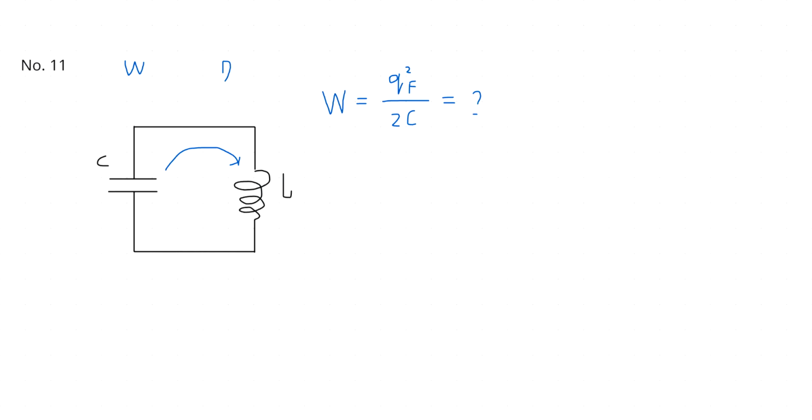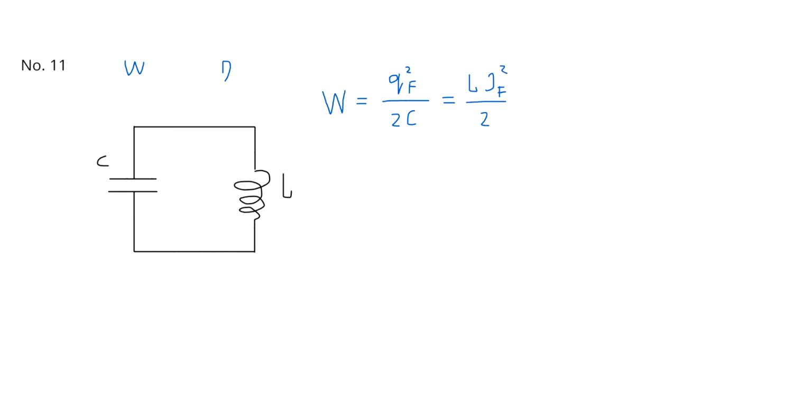No ideas. Okay. In this case, all the energy is in the inductance, and in this case we have L I squared divided by 2, where I is the electric current.